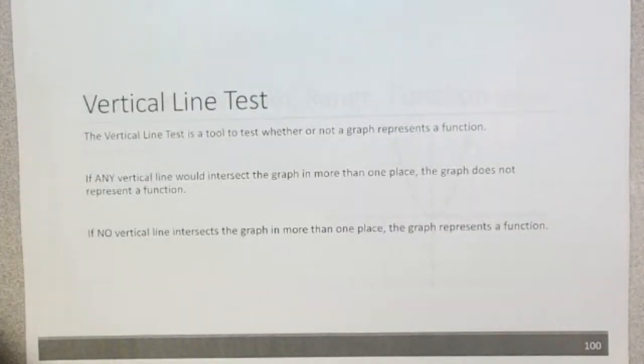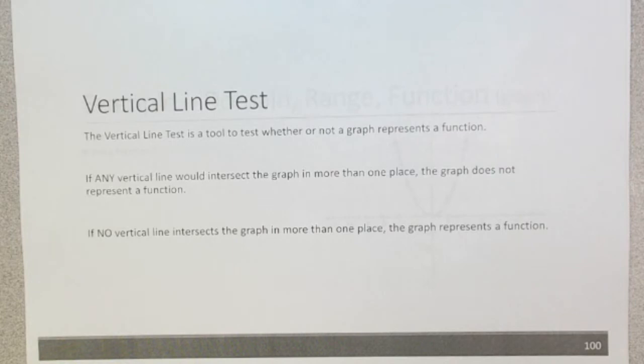All right, when we're looking at graphs of functions, or graphs of relations, I should say, there's an easy way to determine whether or not it's a function, and that's by using the vertical line test. The vertical line test tells us if it's a function or not.